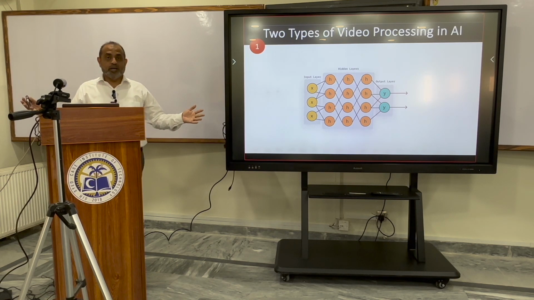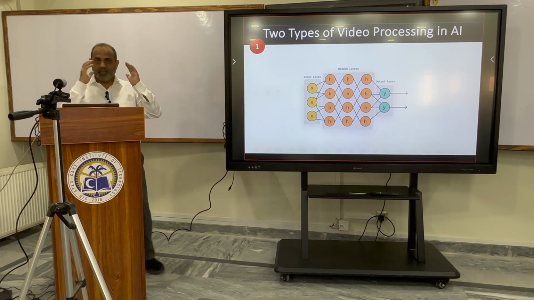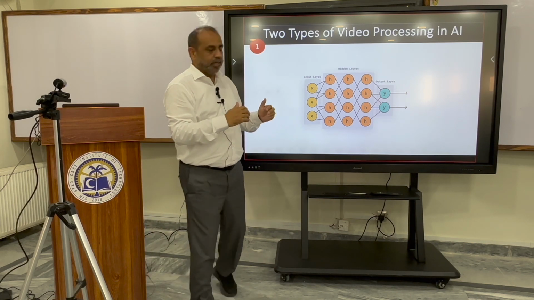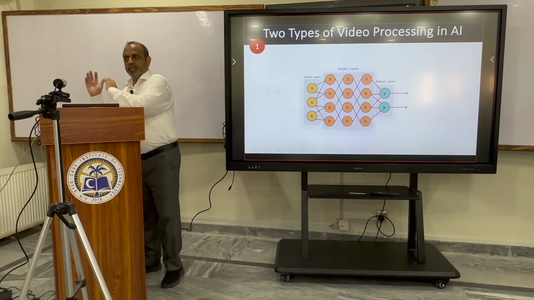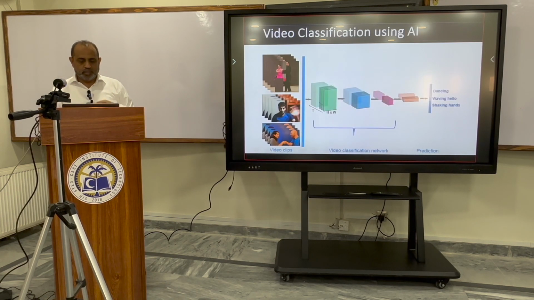That's why AI algorithms require a humongous amount of storage and computational power, because you are feeding all this video to the AI in a chunk. The entire data has to be converted and then go through the model, not frame by frame. The entire several seconds of video goes to the model, and the model then makes a decision. So this is an example: video classification using AI, where somebody is dancing, waving or shaking hands.